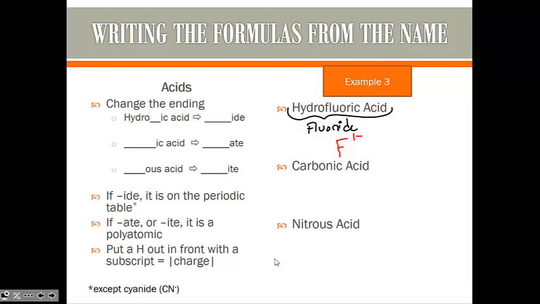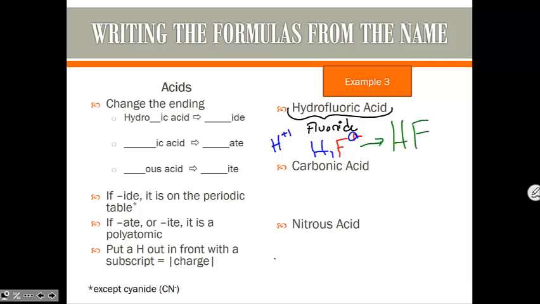All acids are paired with hydrogen. So whatever that charge is, hydrogen being +1, will cancel out each negative. Whatever the charge is, that's how many hydrogens you need. So my formula for hydrofluoric acid would simply be HF.